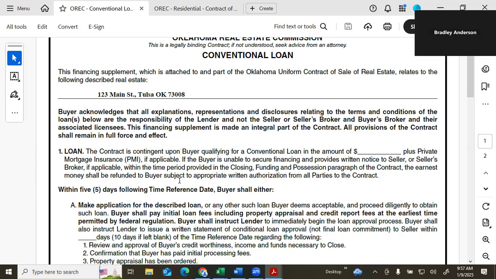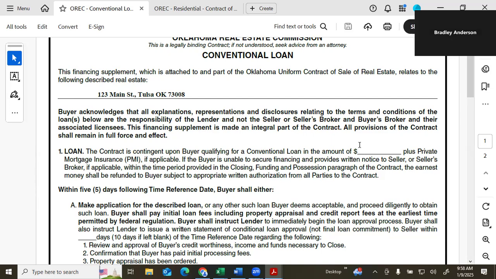All right, so it then goes on to say the loan. The contract is contingent upon the buyer qualifying for a conventional loan in the amount of. So you would put the loan amount here, not the sales price. Let's say that this was a $400,000 home, and they were putting 20% down.